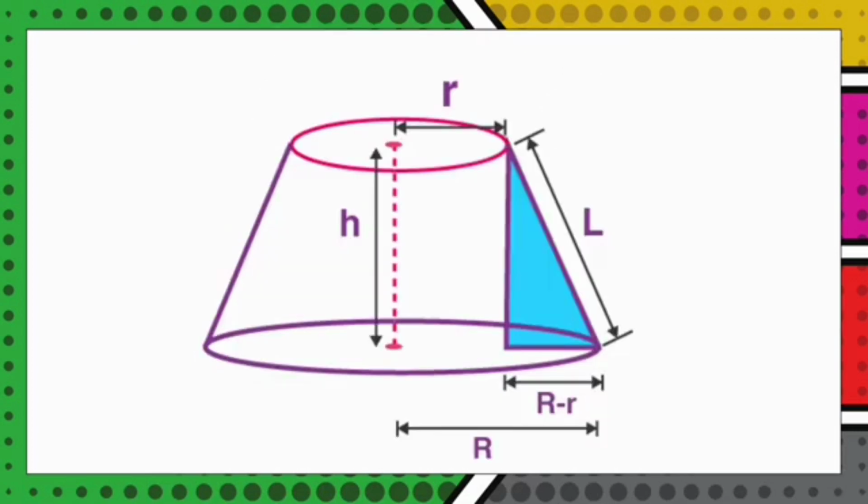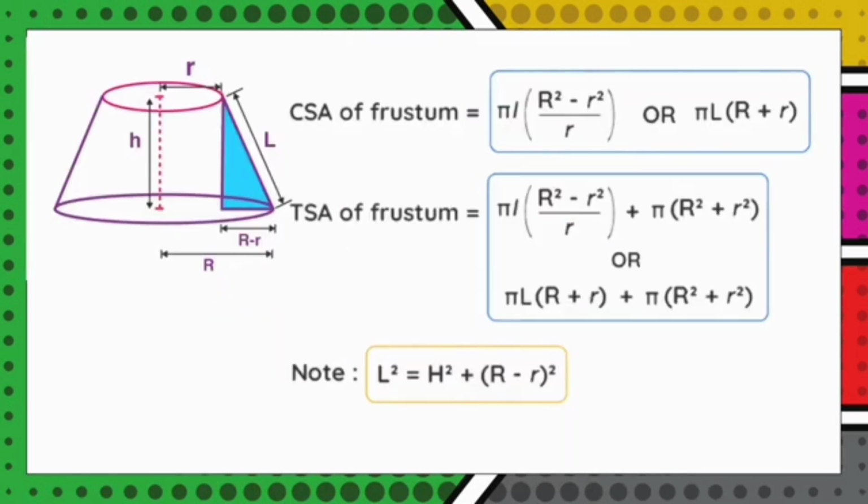The frustum of a cone has a big circular surface, a small circular surface, and a curved surface area. The radius of the big circular surface is big letter R. The radius of the small circular surface is small letter r. The perpendicular height is h, while the slant height is L. Here are the formulas for the curved surface area and the total surface area of the frustum of a cone.